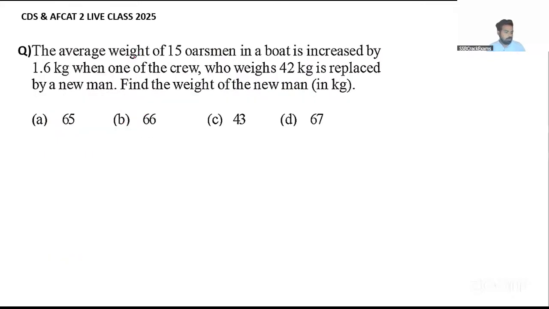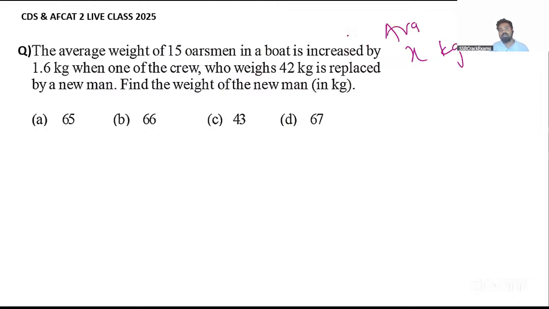The average weight of 15 oarsmen in a boat is increased by 1.6 kg when one of the crew who weighs 42 is replaced by a new man. Find the weight of the new man in kg. Okay, let the initial average be x kg.